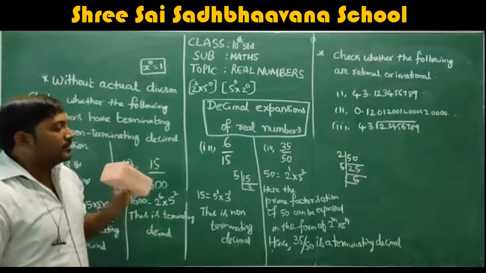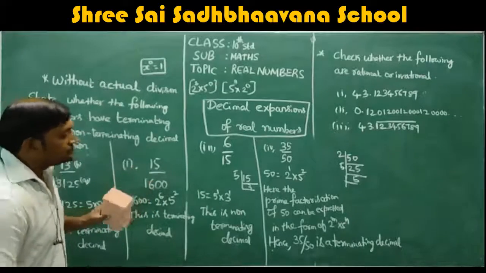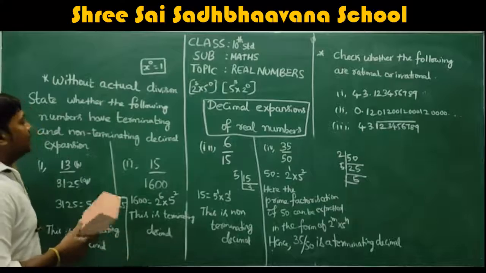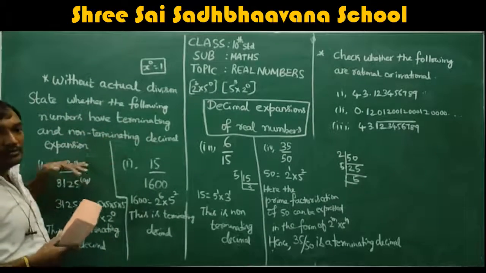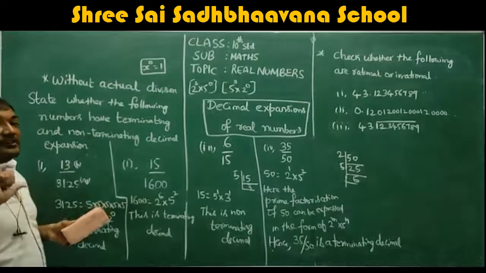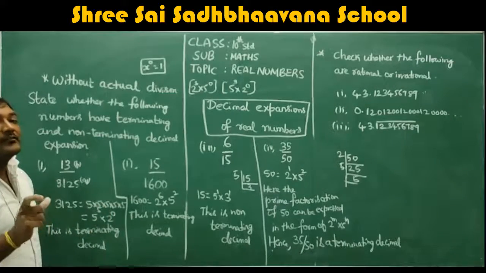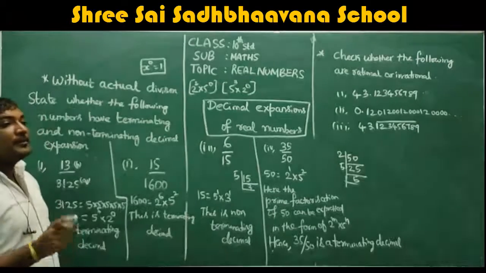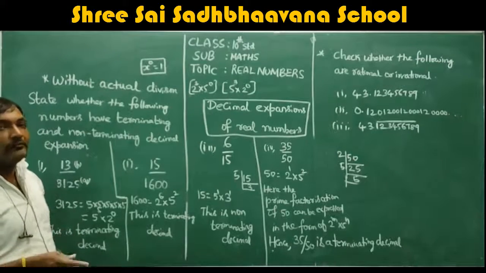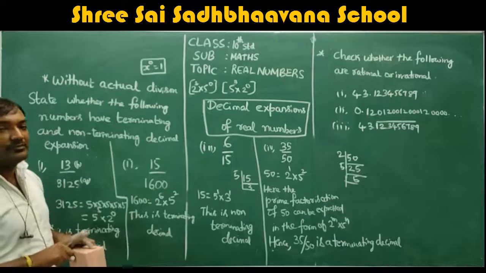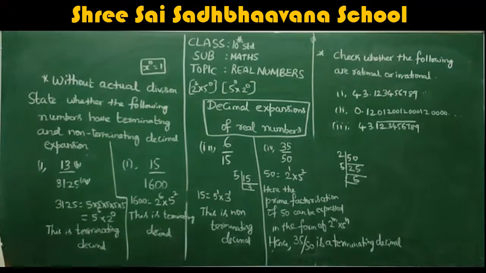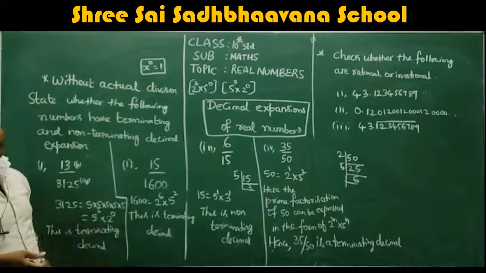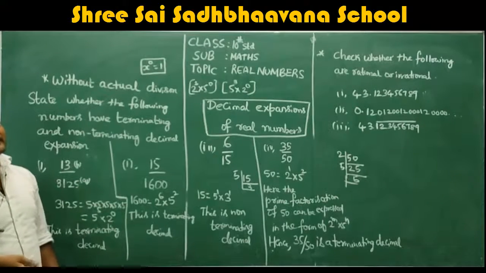That's all. Okay. What you have to understand as a whole, remember I am explaining once again. First, whenever this kind of sum comes, you have to check the denominator. First, you have to find the prime factors of the denominator. If in the prime factorization of q you have 2 alone, yes, that is a terminating decimal. If you have 5 alone, like 5 power 3, 5 power 4, yes, that is also a terminating decimal.